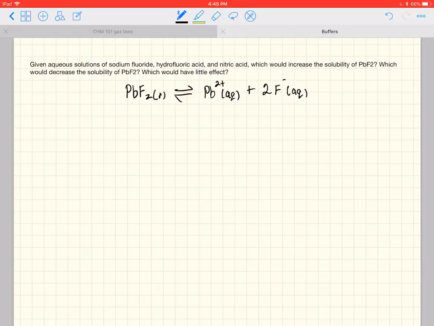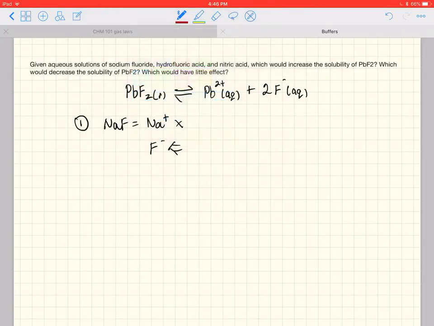Okay, so let's think about what if we add sodium fluoride. Sodium fluoride is sodium ions, which have no effect, and fluoride ions, which have an effect. Okay, let's think about that.